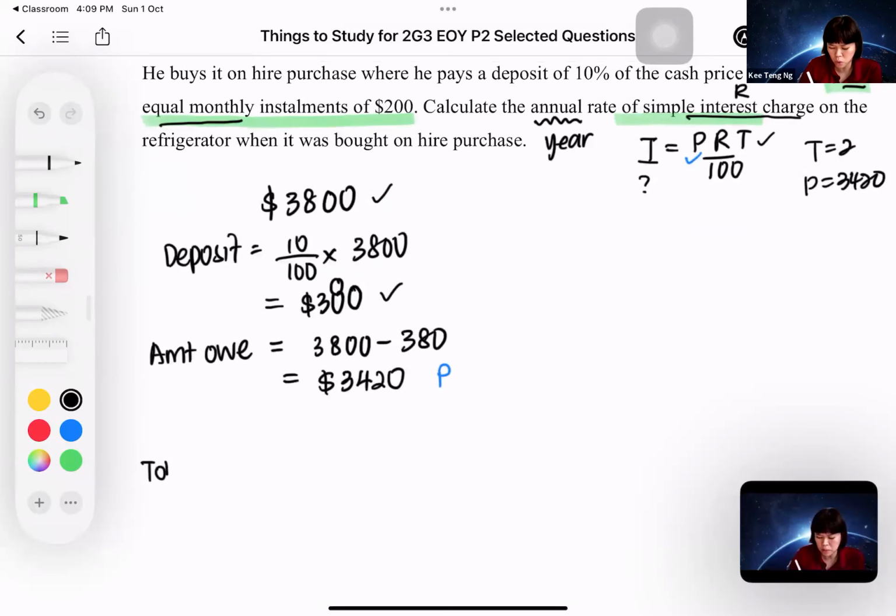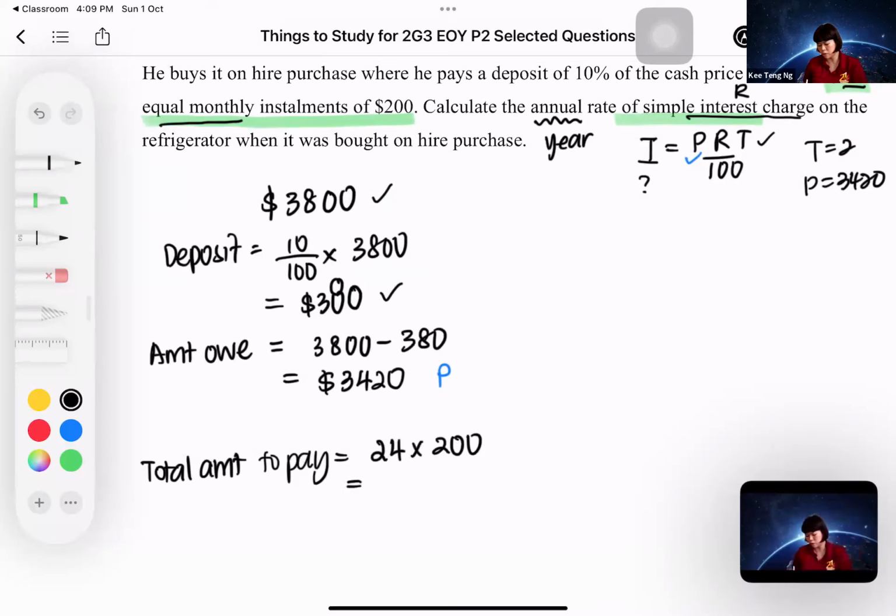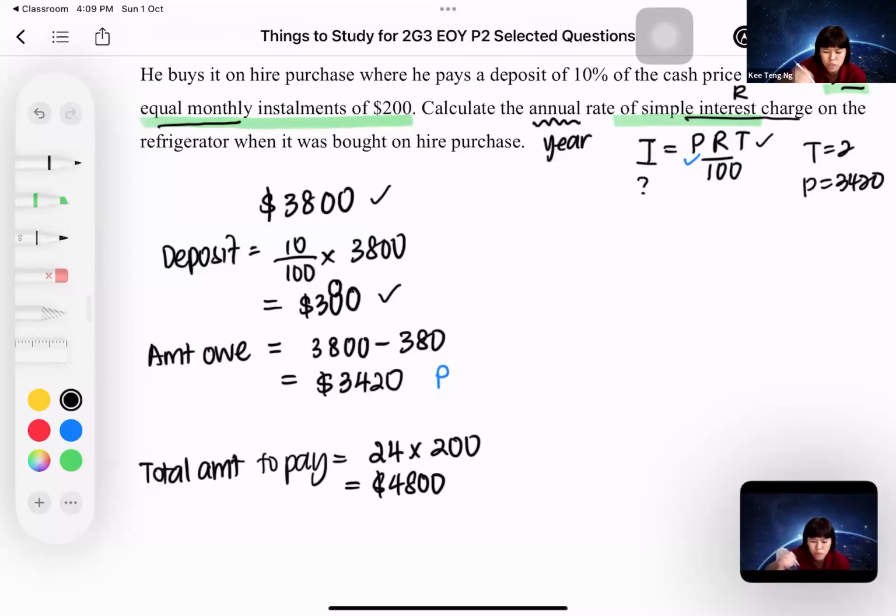That means the total amount to pay is the installment, which is 24 times my $200. So 24 times 200 gives me $4,800. So originally I owed 3,420, but at the end of the day, I pay 4,800.